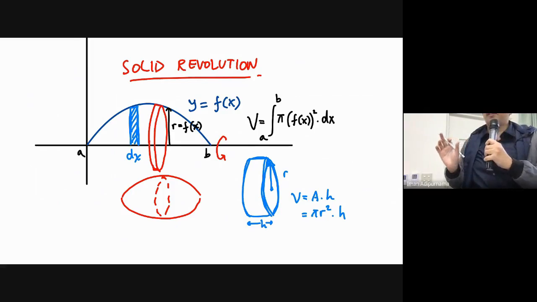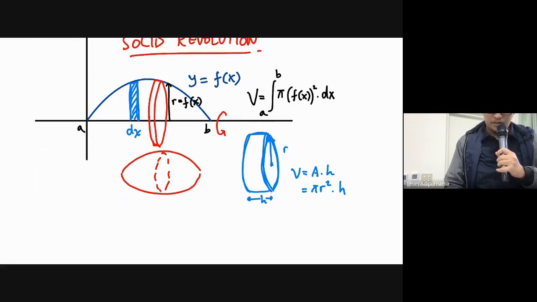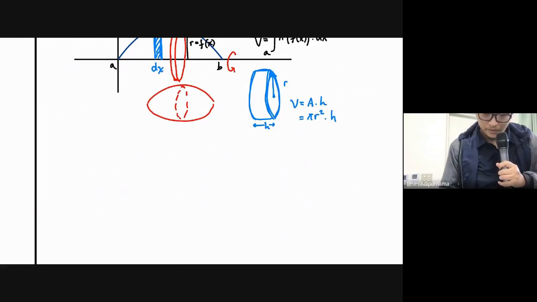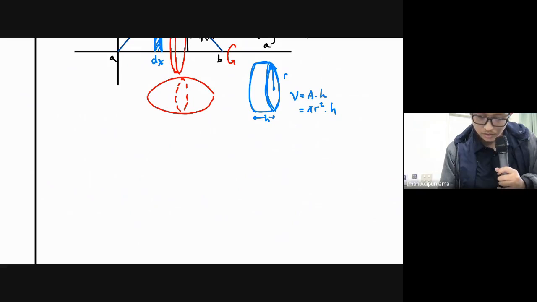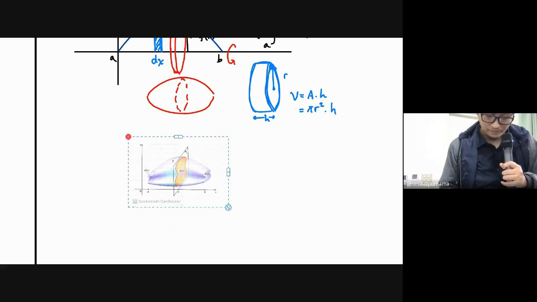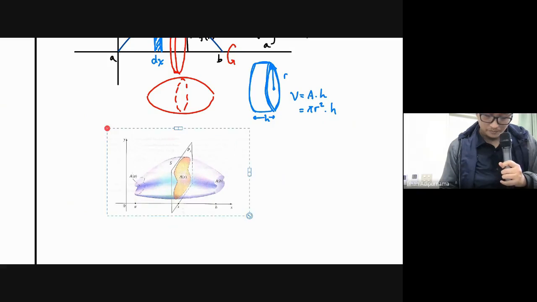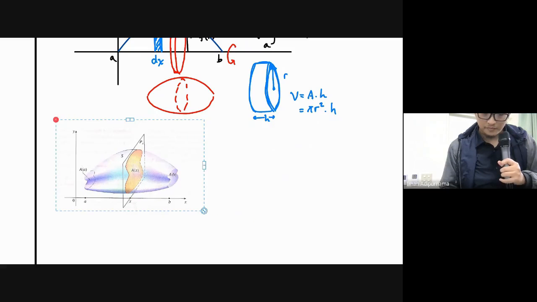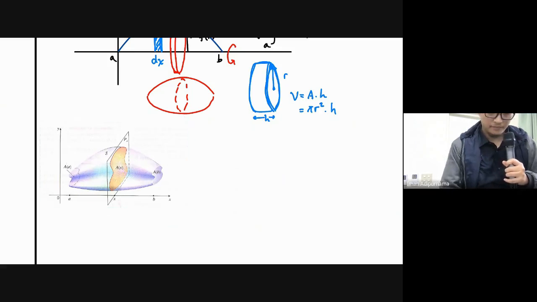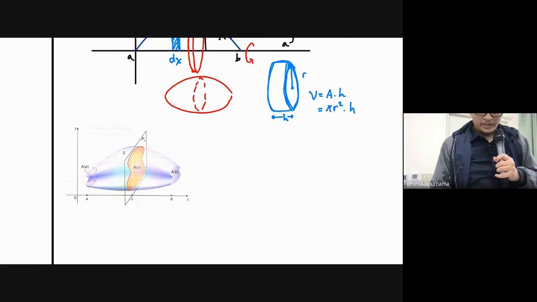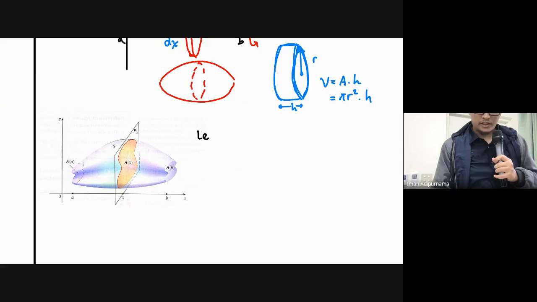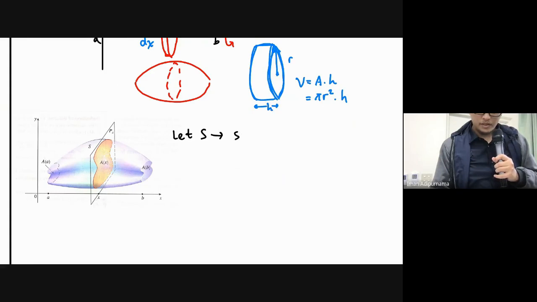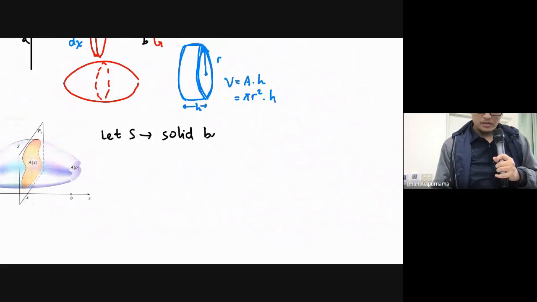Let me write a formal, official definition. It has a few terms, and let me give you the image. So let S be a solid between a and b.